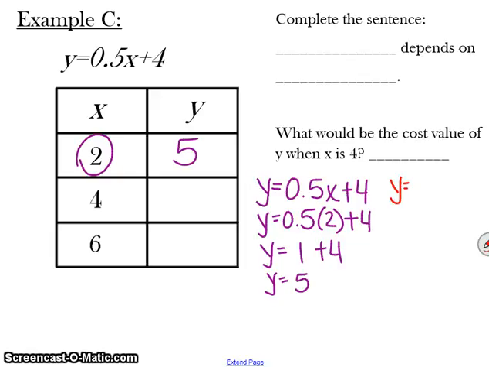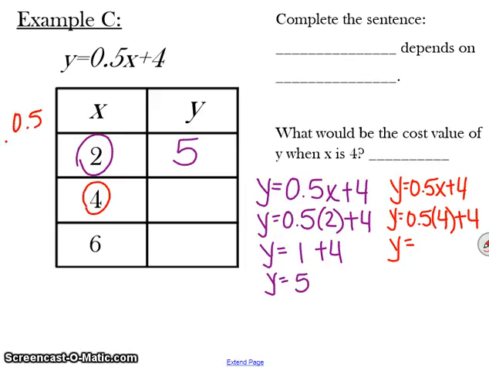I have y is equal to 0.5x plus 4. But this time I'm plugging in that 4 instead of the 2. So y is equal to 0.5 times 4 plus 4. Well, I'm not really sure what 0.5 times 4 is, so let's see. 0.5 times 4.